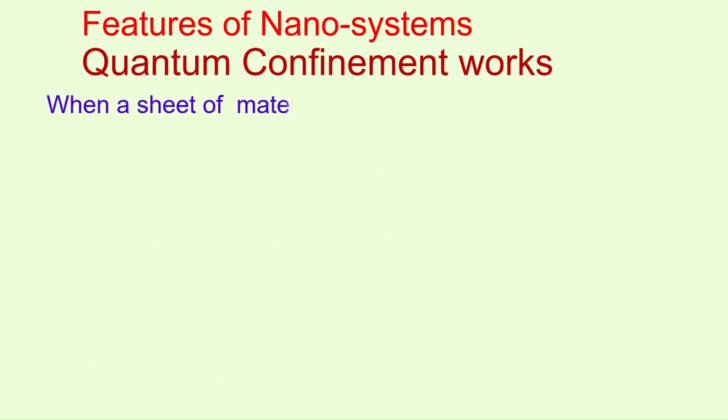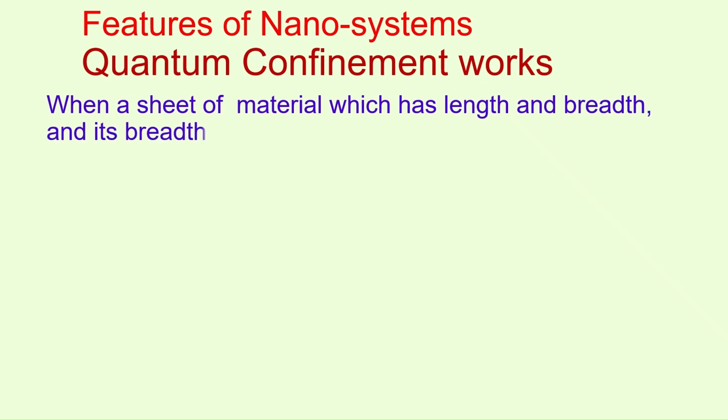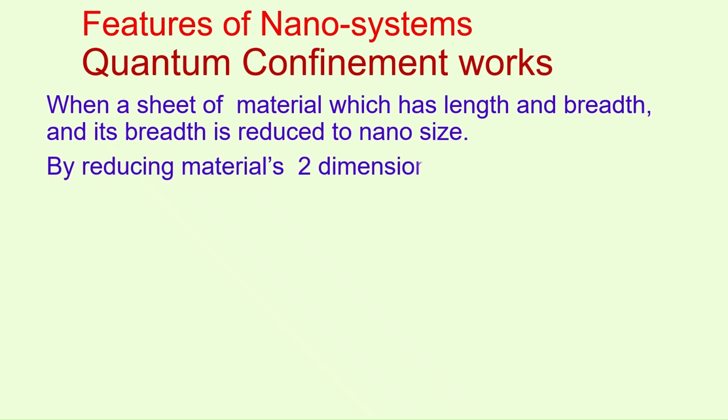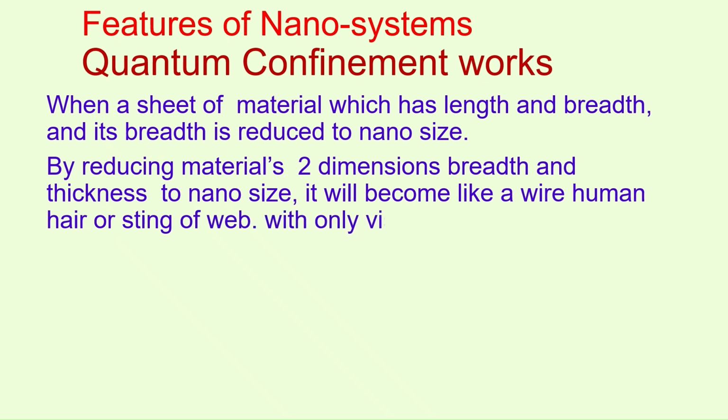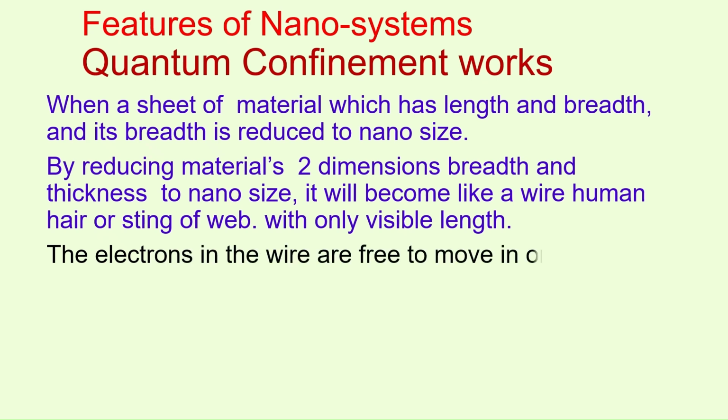When a sheet of material, which has length and breadth, is reduced in two dimensions, breadth and thickness, to nano size, it will become like a wire, or human hair or string of web, with only visible length.